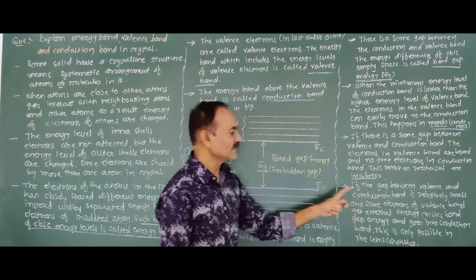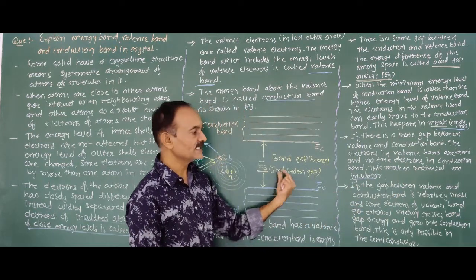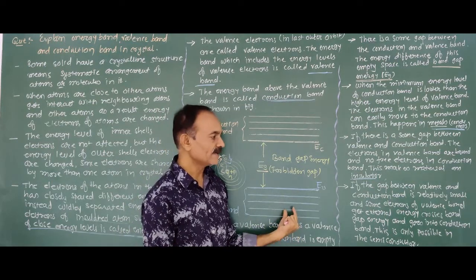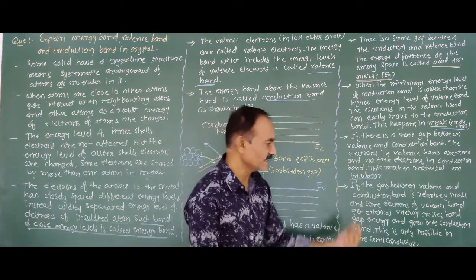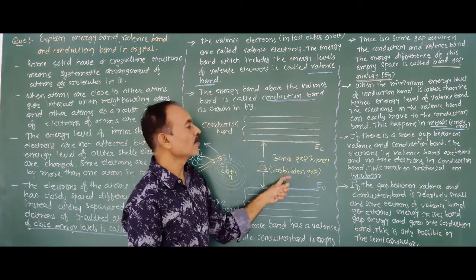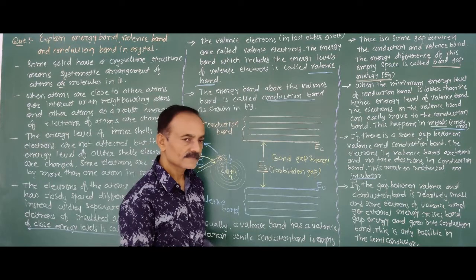And if the gap between the valence and conduction band is relatively small, then when an electron of the valence band gets external energy, it crosses the band gap energy and reaches the conduction band.